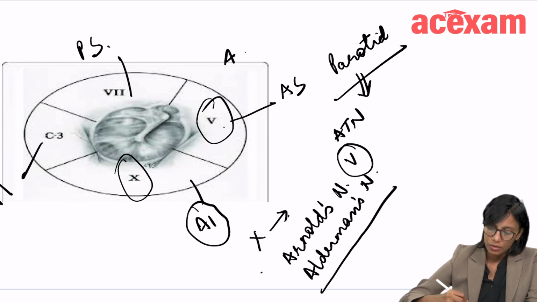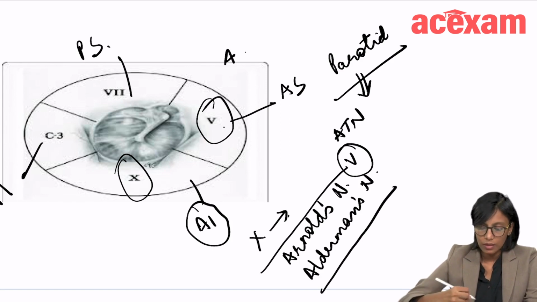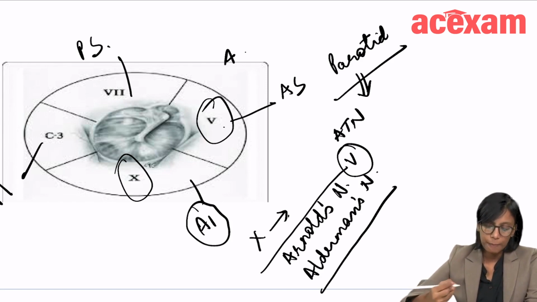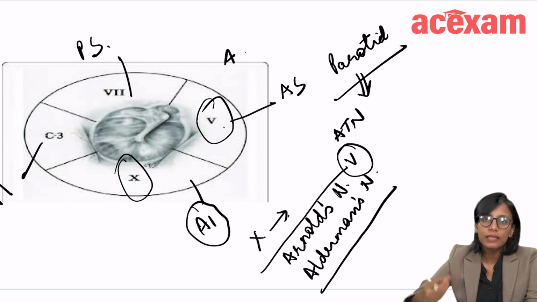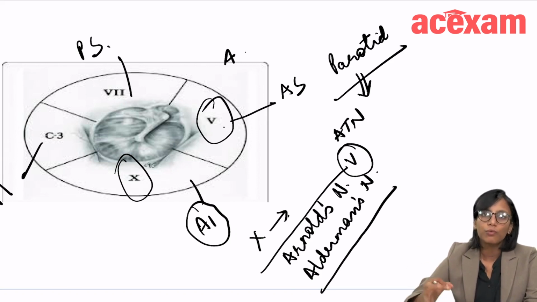Now, how do you remember this? Whenever we are cleaning the ear, most often we touch the inferior part of the external auditory canal. When we touch it, what happens in some patients? They have a cough reflex. The cough reflex occurs due to the 10th nerve.